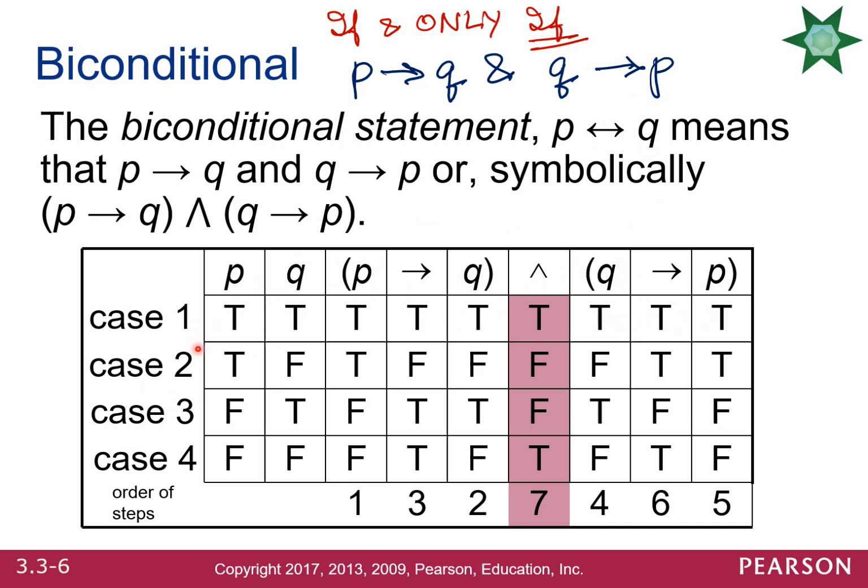It works the same process. They follow the same process. They first listed all the possible true and false combinations of P and Q. So we have TT, TF, FT, FF, the four conditions.